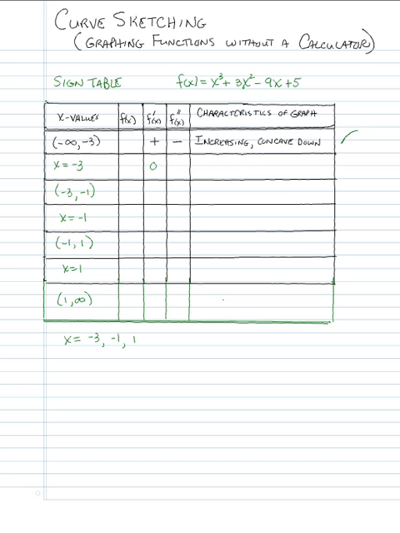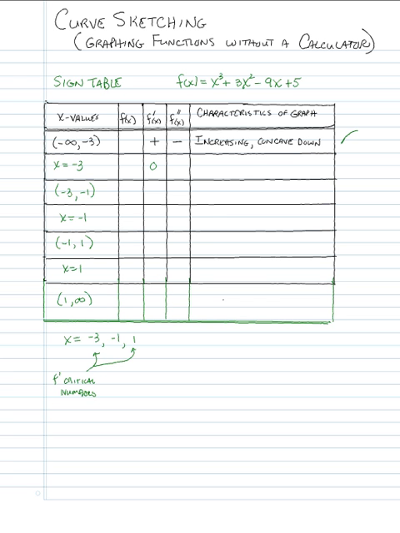In this problem, I discovered that for the first derivative, the critical numbers were -3 and +1. So these two numbers are the f prime critical numbers, and they were critical numbers where the first derivative was 0. There were no places where it was undefined.